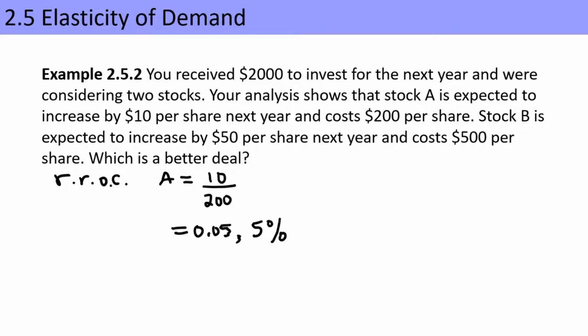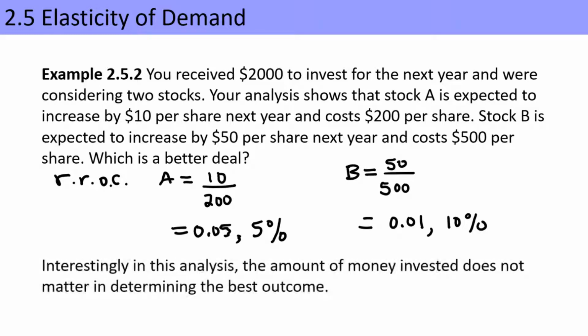Now let's determine the relative rate of change of B. For the relative rate of change of B, the rate of change is going to be $50 divided by the current value, which is $500. Computed, this is 0.1 or 10%. Interestingly, in this analysis, the amount of money invested does not matter in determining the best outcome. Let's observe, $2,000 was invested for both, and stock B had a higher return.